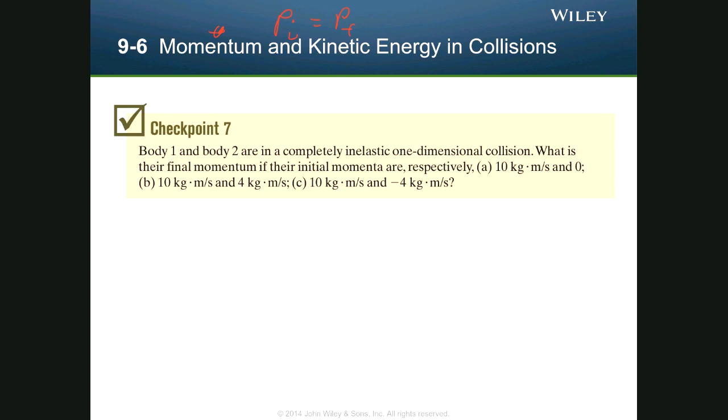So to alleviate confusion, we're given the initial momentum, P1 initial and P2 initial, right? For these set of problems. But it's not asking for P1 final and P2 final. That's not what's being asked for. It's asking for the system momentum, the final momentum of the system. That you should be able to find pretty readily.